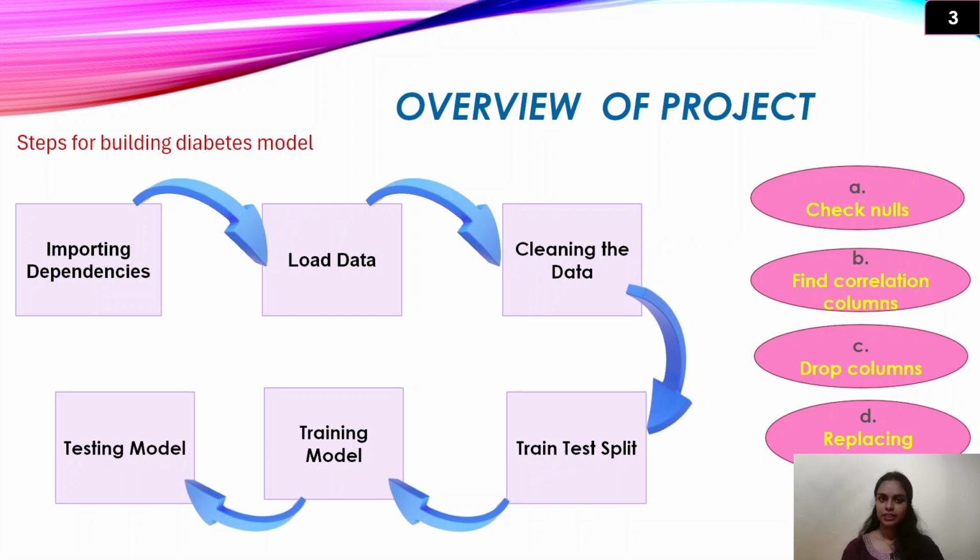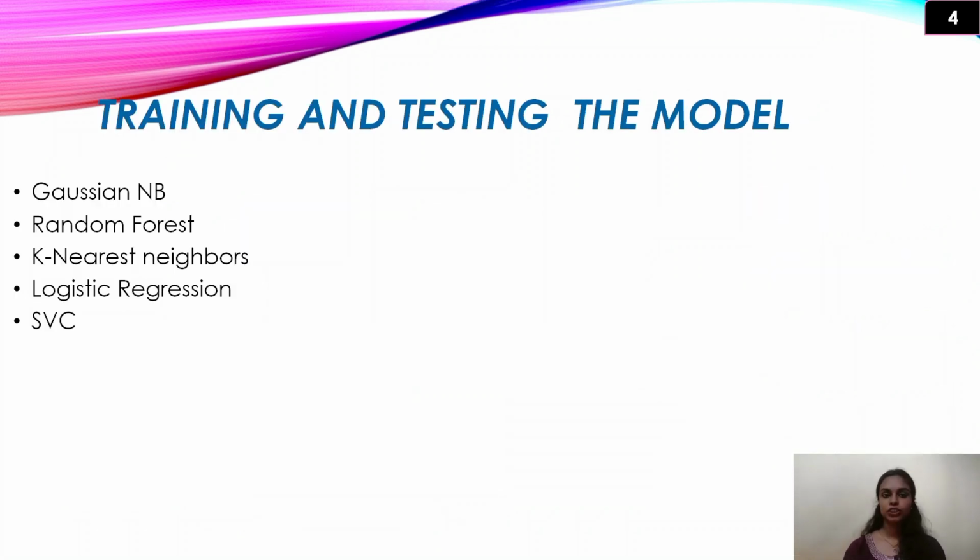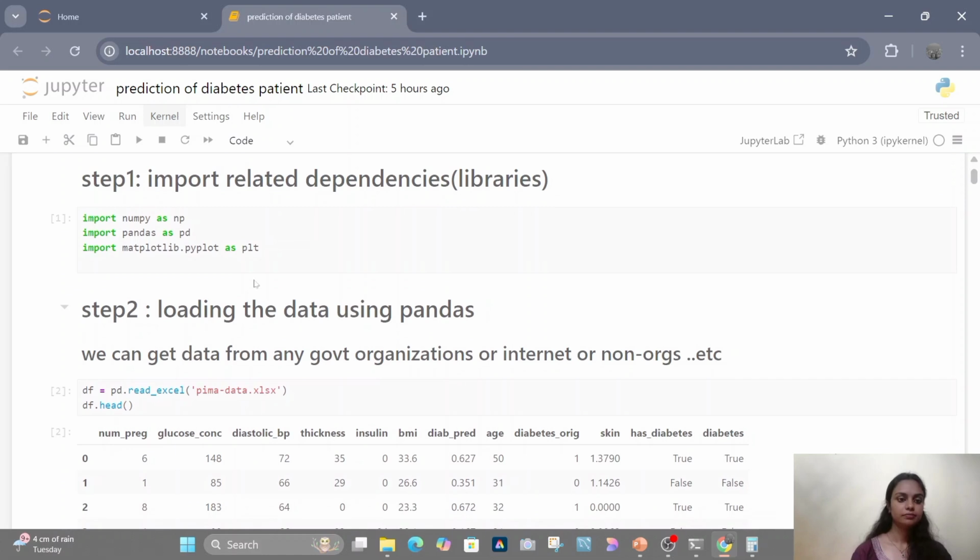For training and testing, I'll be using the Gaussian naive Bayes algorithm, random forest classifier algorithm, KNN algorithm, logistic regression, and SVC algorithm. Which is the best algorithm, I'll say while explaining the project.